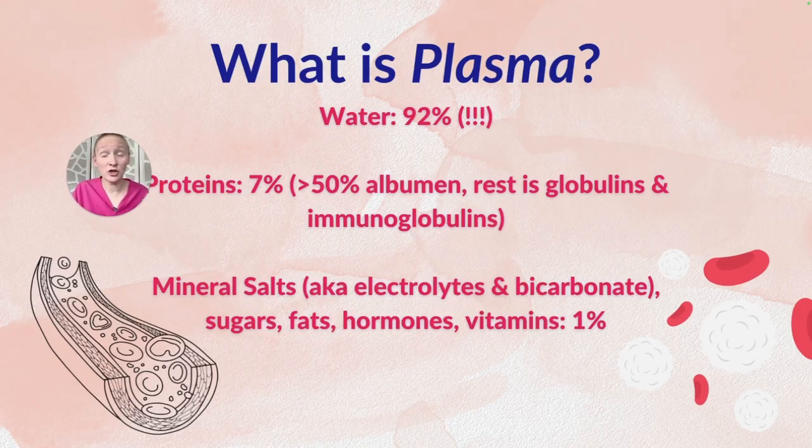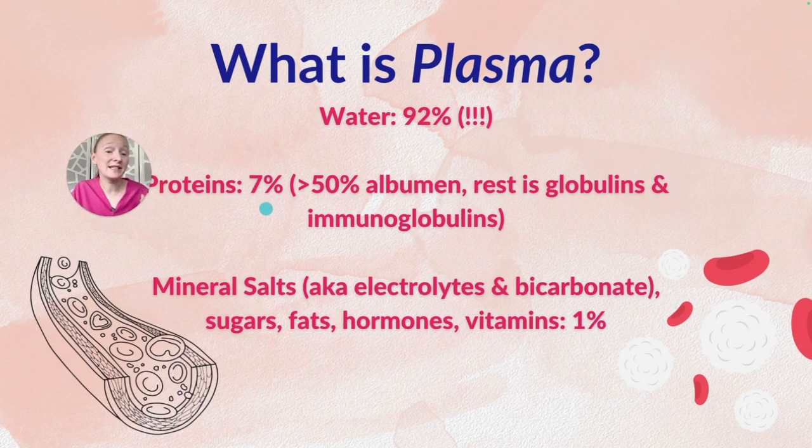And it's a good thing, too, because water is what we call the universal solvent. It's the reason why electrolytes can function in our body, because those electrolyte ions can kind of dissolve in the water. And we can see that mineral salts, which is what we call the electrolytes, and also bicarbonates for when you get to ABGs, along with sugars, fats, hormones, vitamins, make up approximately 1% of the plasma.